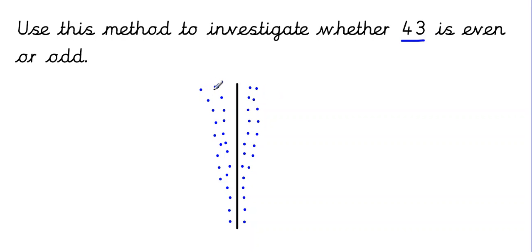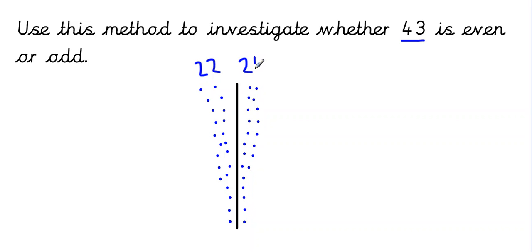So I've got 1, 2, 3, up to 22 in this group. And in this group, I've got 1, 2, 3, up to 21 in this group.